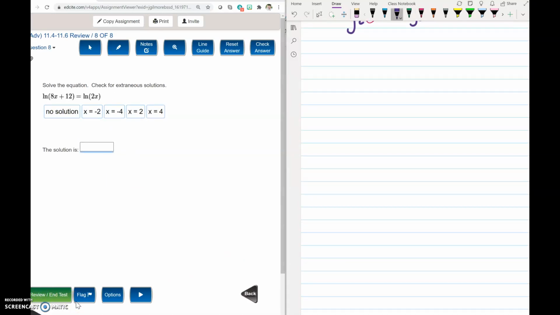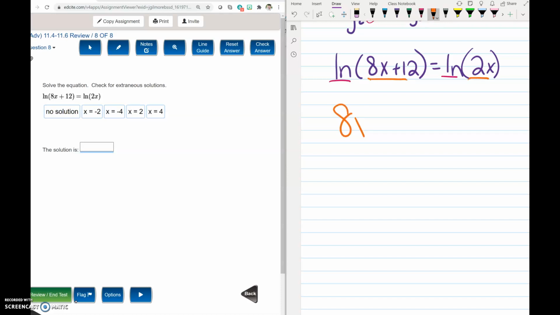And our final problem, ln of 8x plus 12 equals ln of 2x. The ln's are the same, so that means that the stuff must be the same. So 8x plus 12 must equal 2x. All right, I would subtract 8x on both sides.